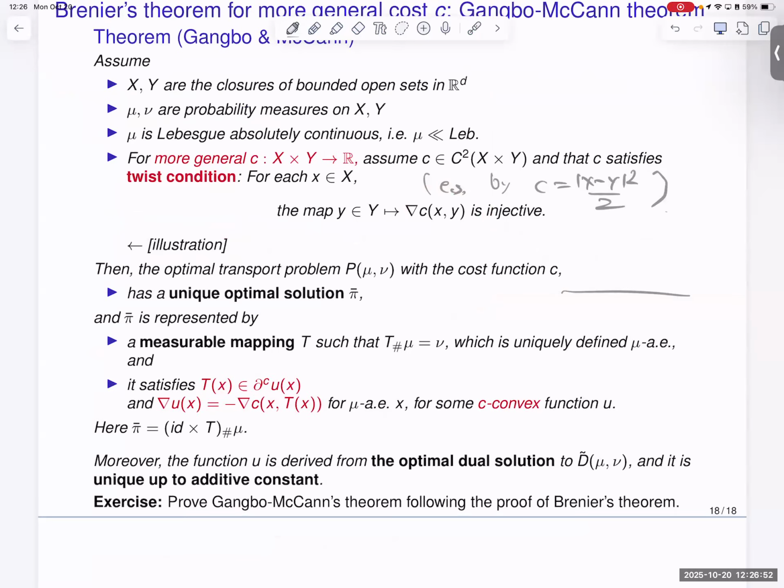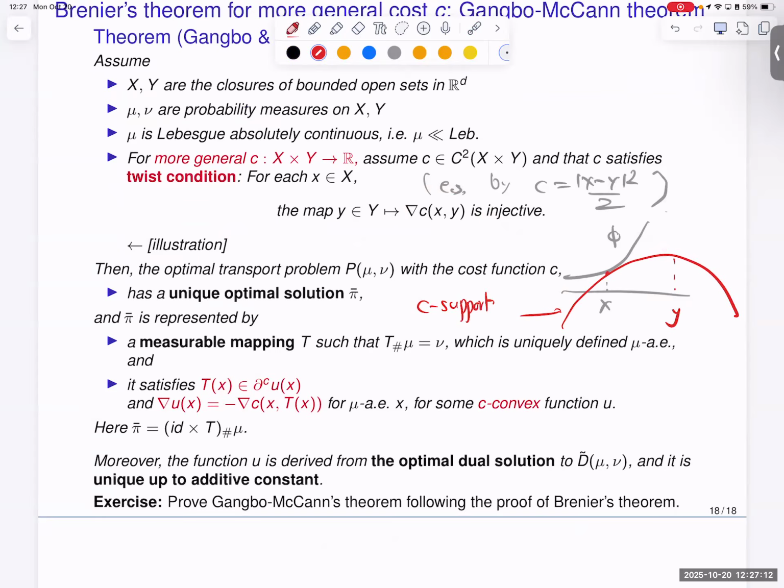So what is this? If you remember the previous picture I drew, given x, to compute the C-subdifferential, you consider all those y's whose C-supporting function touches the graph of the function at x.